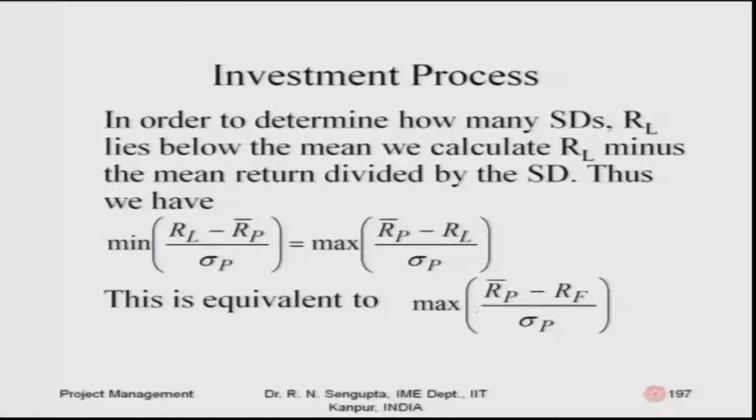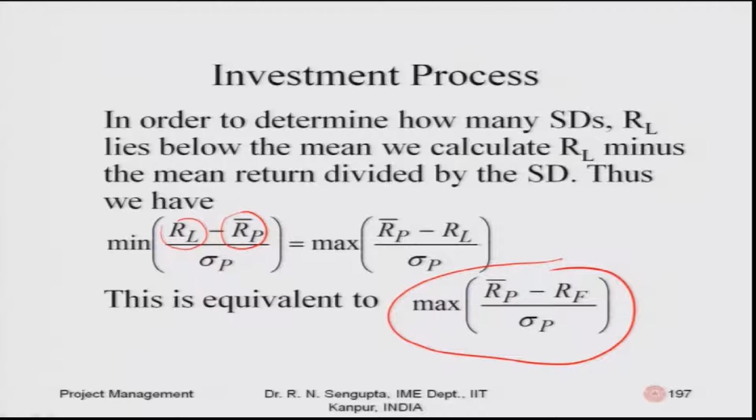So, to find this normalized mean, I find the difference of the RL value with respect to the portfolio of the project, divided by sigma p for that project. Or else you can maximize: minimizing RL minus RP is equal to maximizing the difference. This is equivalent to the formula given here.